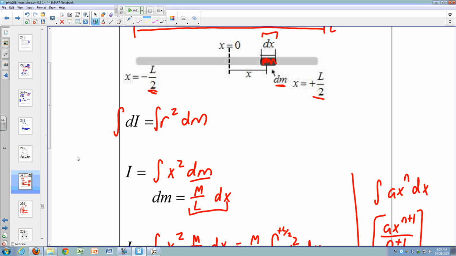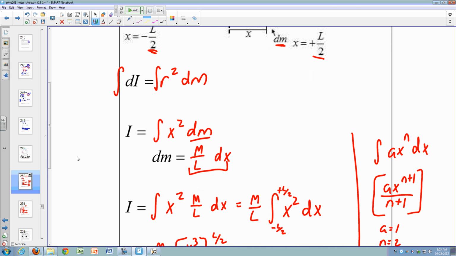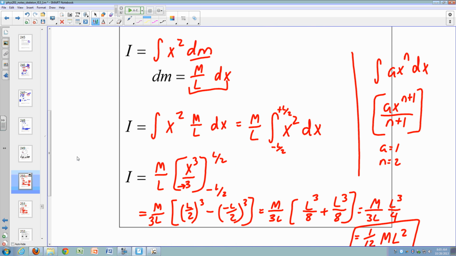Then you have to figure out what the mass of this little mass element is. In this case, it's the linear mass density, the total mass over the total length, which gives me how many kilograms per meter there are, times the width of my differential element, dx. So that's dm. Then you just plug that in for dm, take the integral, and you're basically done.